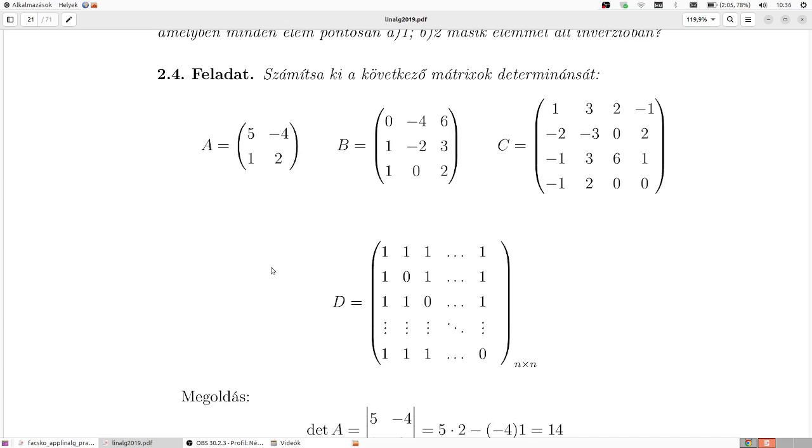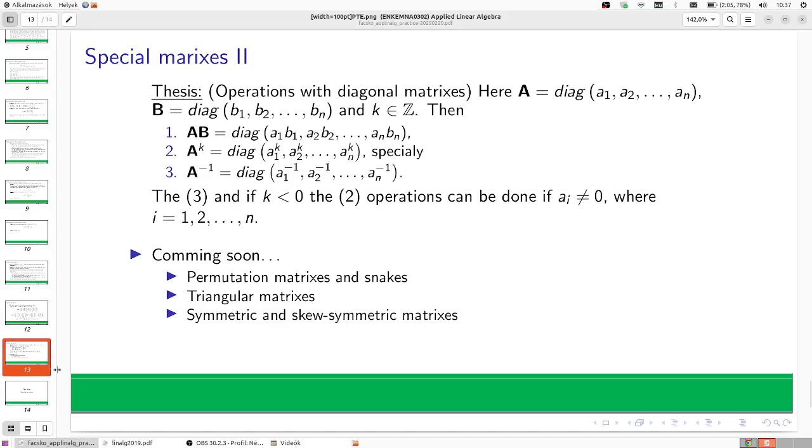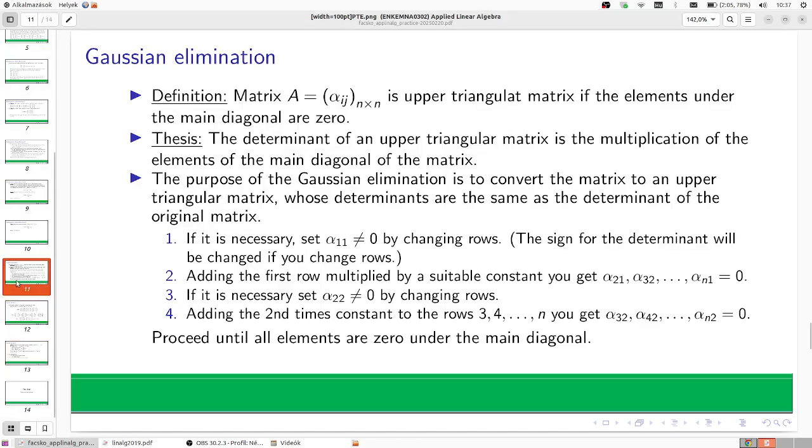From the second row. It's minus 14. What I did, that's the Gauss elimination. In the Gauss elimination, I just show you because then it's easier. We can do some operation.